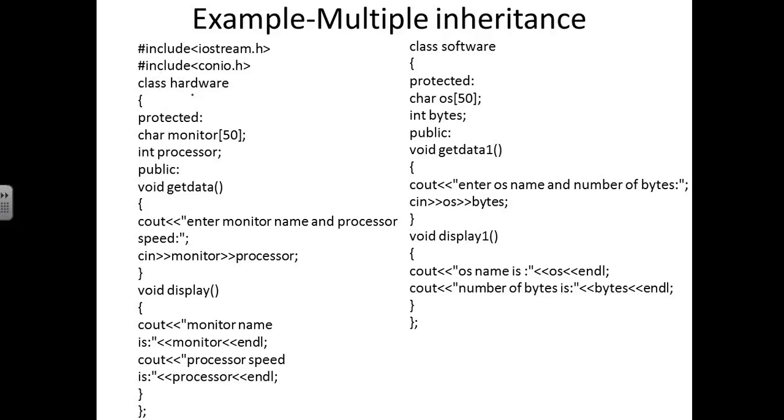So that is the task for this particular program. Here the first base class is hardware. It is base class 1. Under this hardware class, I have declared two variables: one variable is monitor and the other variable is processor.